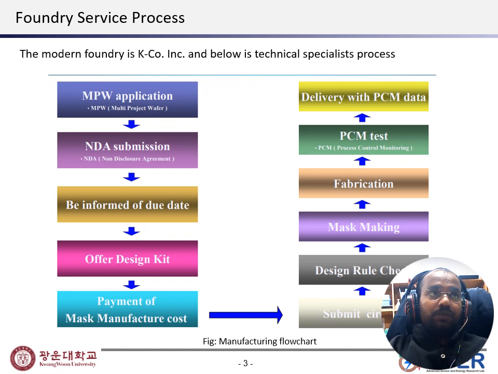First, we have to prepare the MPW application, then NDA submission, then we are informed of the due date of a design kit, then we make the mask, after that we submit, then design rule check, mask making, fabrication, and the last process control monitoring, and at last packaging and delivery.